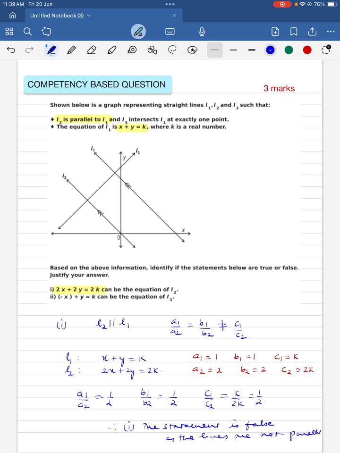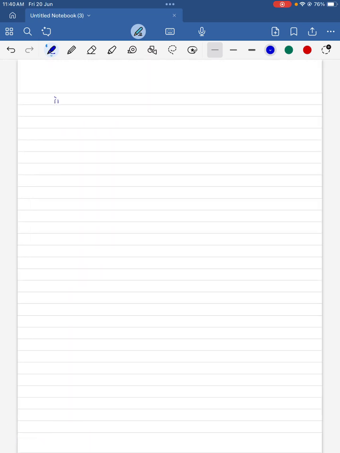Now let's check if minus x plus y equal to k can be the equation of L3. What is the relation between L3 and L1 that they've given in the question? They have said that L3 intersects L1 at exactly one point, which means these are intersecting lines and they have a unique solution. The condition to check for unique solution is that A1 by A2 should not be equal to B1 by B2.